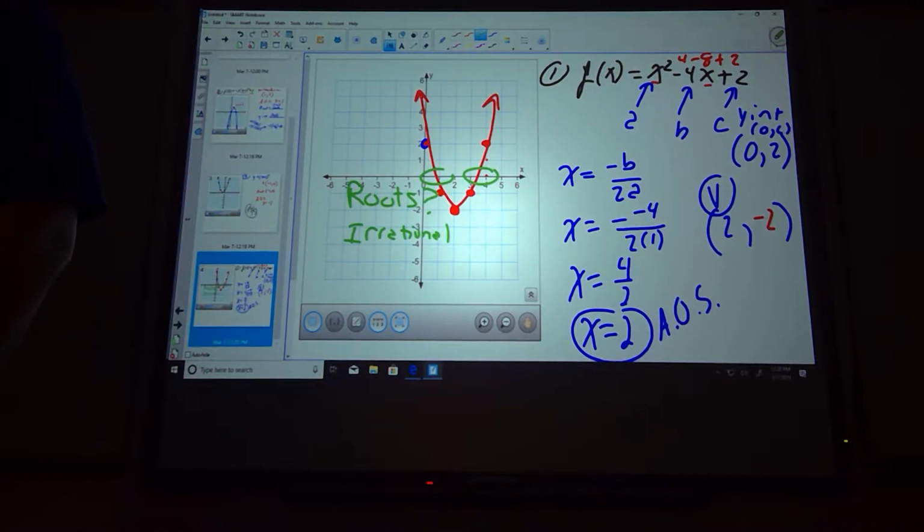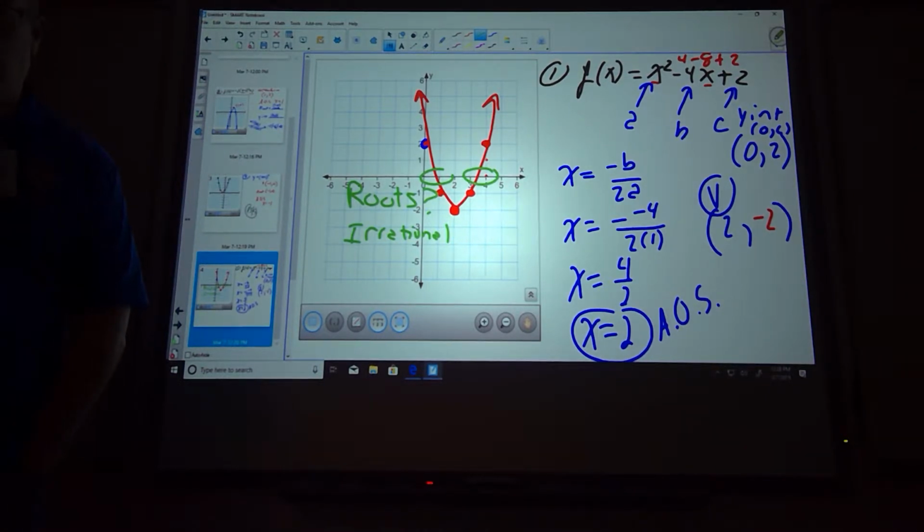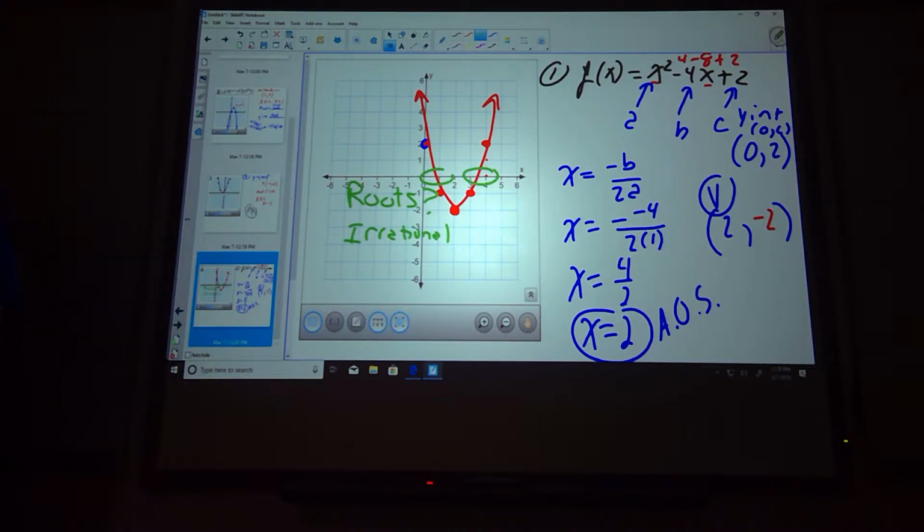We are starting something that is done the exact same way all the time. If you follow through how we do it every time, you're going to get the answer every time. Okay?